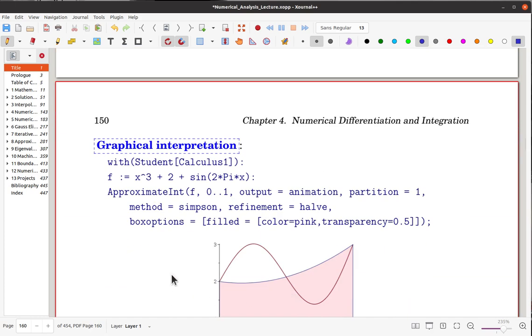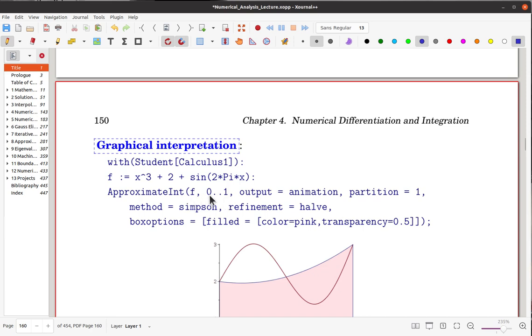Here we consider a graphical interpretation. We use f of x equals x cubed plus 2 sine 2 pi x, with one partition from 0 to 1, and we'll try to get the integral.